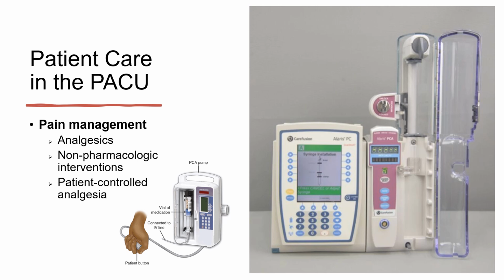So we went over this in Skills Lab, so here it is. You should be familiar with it. I think all of you are well versed in the education that the patient should have for this and the RN role when it comes to setting it up, checking it, and troubleshooting and assessing your patient. Remember, it can cause respiratory depression, so we really want to make sure we're doing our neuro checks frequently, our respiratory system checks frequently.